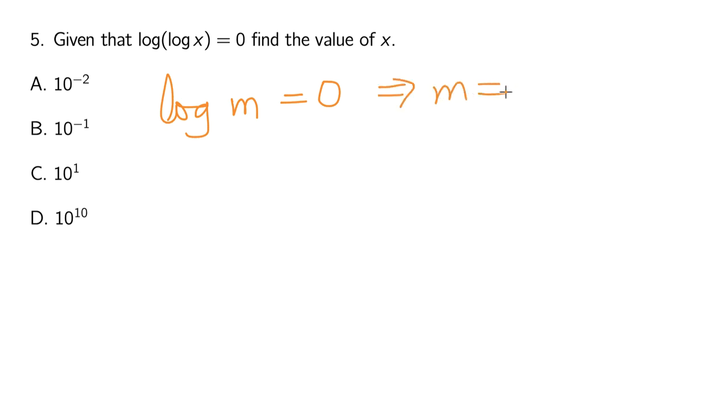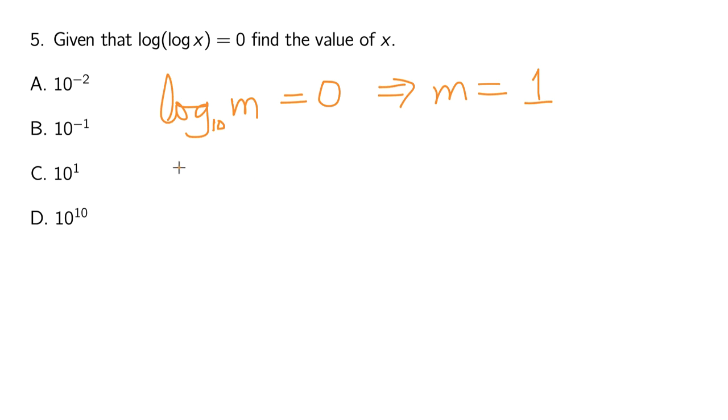m equals 1. This is because, in this case, our log is to the base 10, but when logs are to the base 10, we don't normally write the 10. What this means is that 10 to the power 0 is equal to m. That's basically what it means.